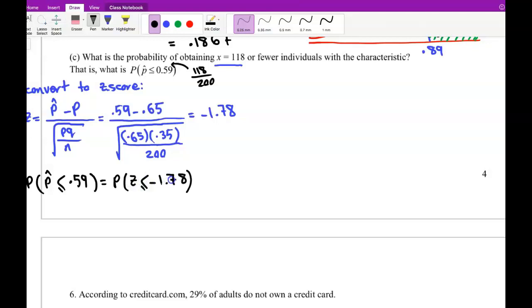So now instead use the z-score, then use the table for the area when z is equal to negative 1.78. In the body of the table we have this number, 0.0375. In previous sections I already showed you how to use this table.